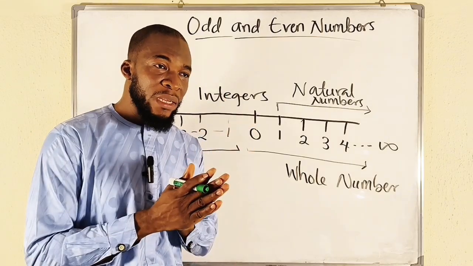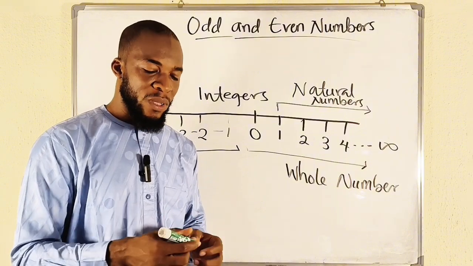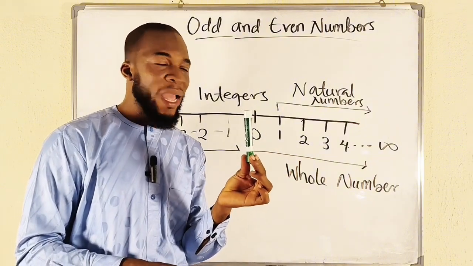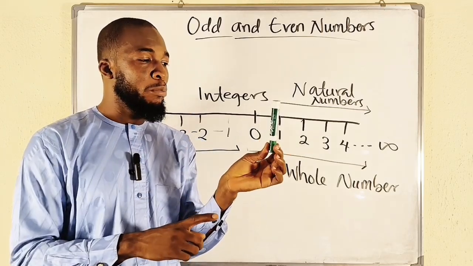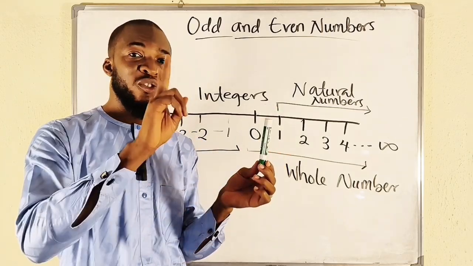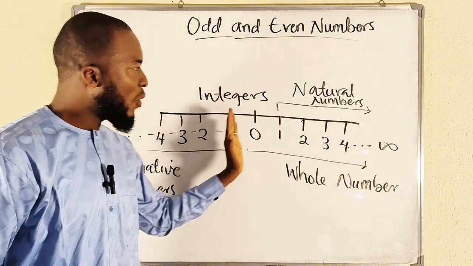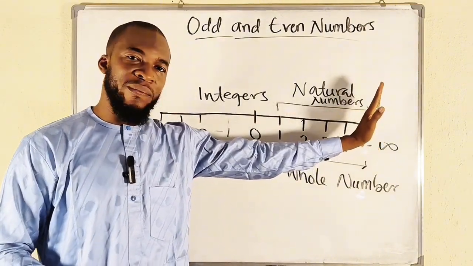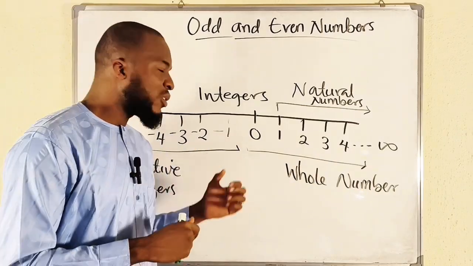It is either 1 or 2 or 3. But we cannot count something as 0, where I gave you an example with my marker. I told you that this is one marker, a single marker. But if there are 2, we call them 2 markers. We cannot say this is a negative marker. This is why all these numbers from 1 to infinity are regarded as natural numbers.